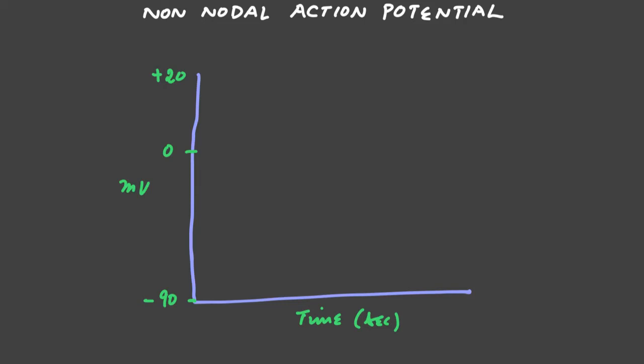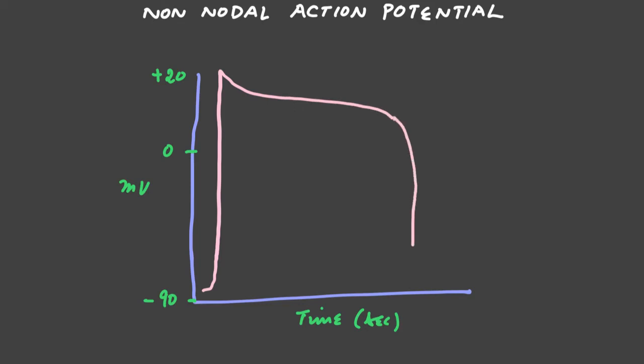At minus 90 millivolts, sodium channels open and sodium rushes in, causing depolarization and opening of many more sodium channels in a positive feedback loop, and the voltage reaches plus 20 very quickly. This voltage is maintained sort of by the opening of calcium channels and the slow inflow of calcium.